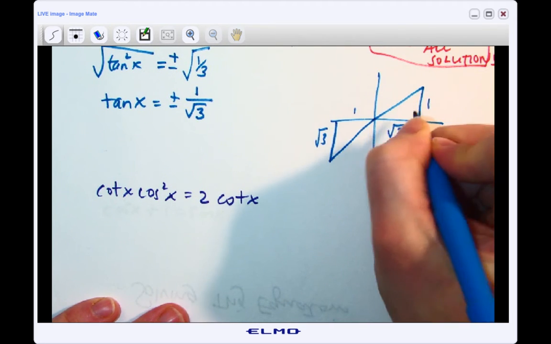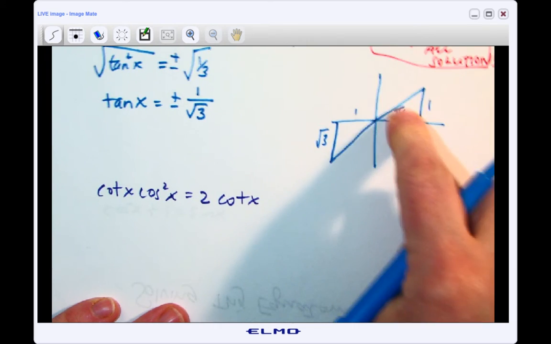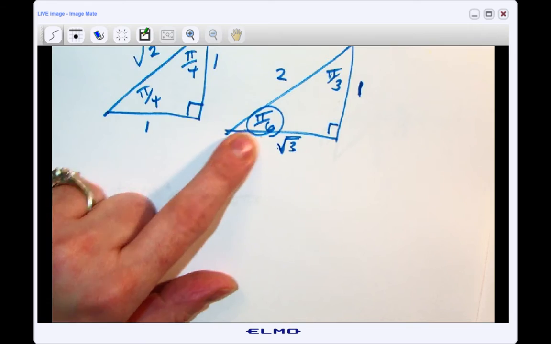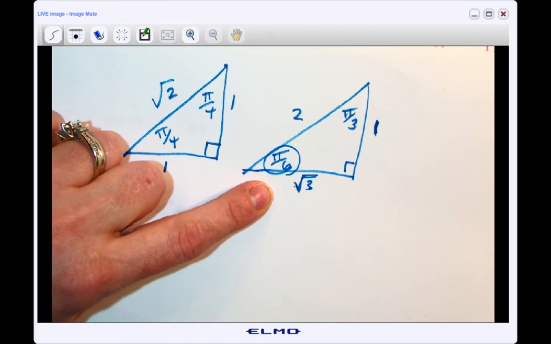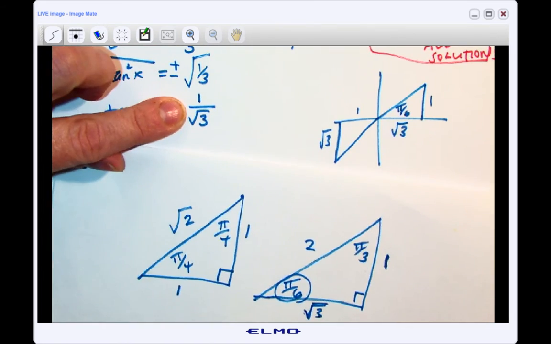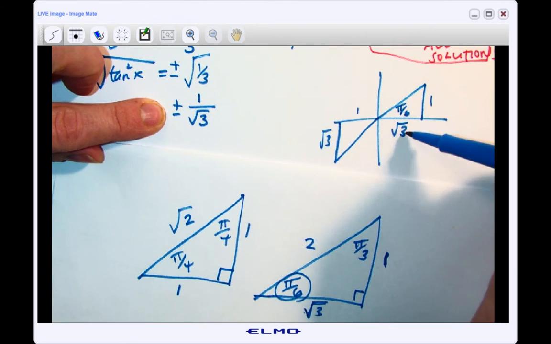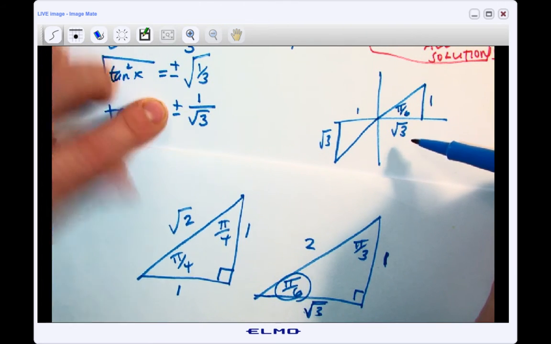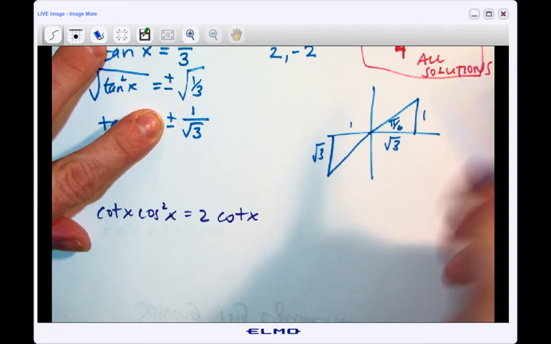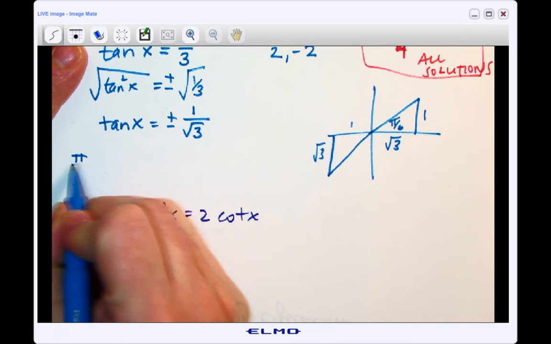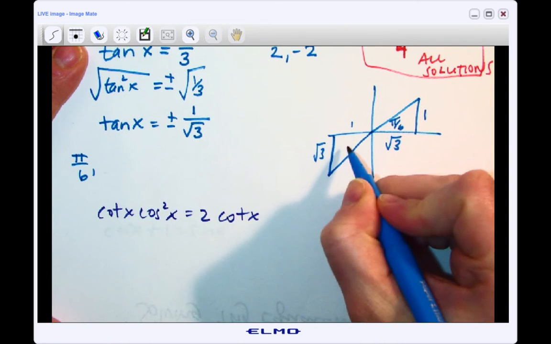So the first one that I know is good is pi over 6. So this guy tells me the reference angle that I'm looking for, okay? So the triangle tells me the reference angle, and I know that from this ratio. These signs tell me where I draw it in my unit circle. So since they're positive ones, I know I want these two. So everybody knows that the first one is pi over 6, and this one is 5 pi over 6.